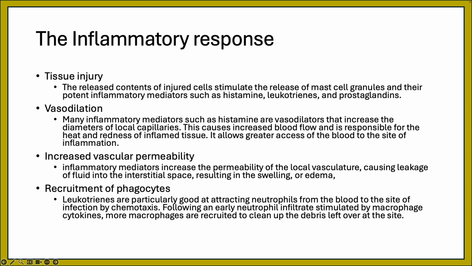Histamine is going to act as a vasodilator, as I previously mentioned. This makes the swelling increase. Also, the increased vascular permeability leads to the swelling or the edema. And then the last thing is the recruitment of phagocytes. So this just kind of summarized what we saw on the previous slide.